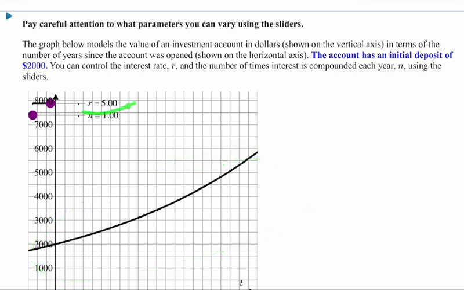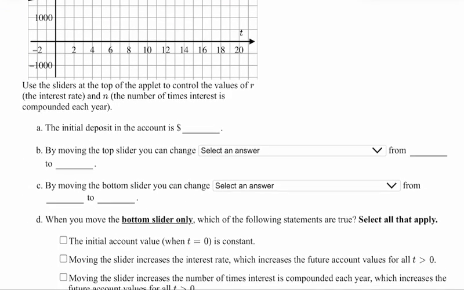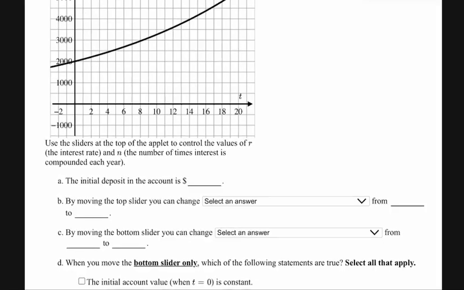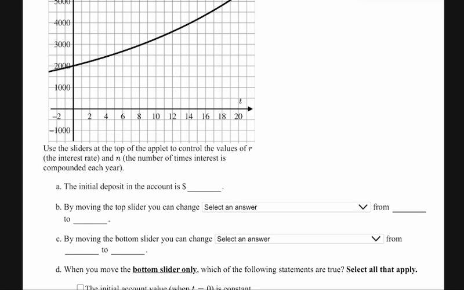What happens if our rate goes up? What happens if our number of times per compounding goes up? So play with that for me for a second. And then let's talk about the answers down below.